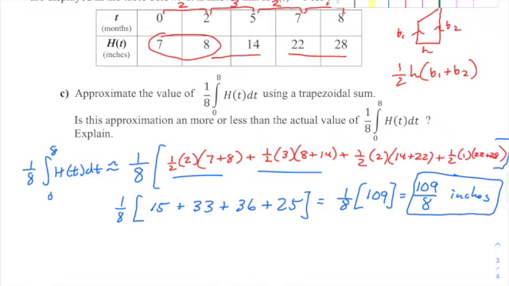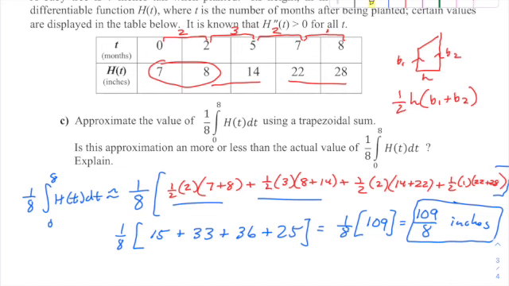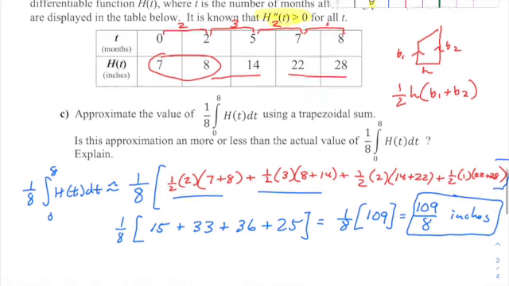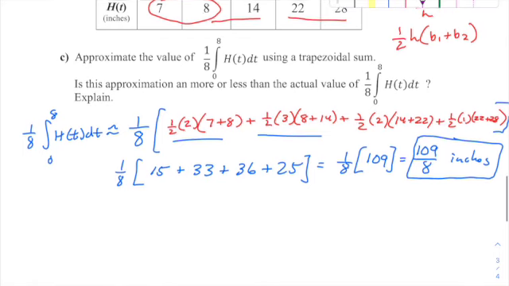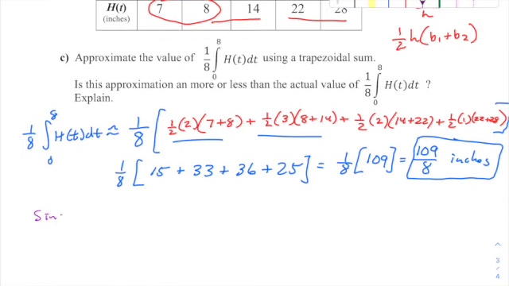And lastly, for this part C, is this very common question about your Riemann sum or your trapezoidal sum. Is this approximation more or less than the actual value of the integral? And this is going all the way back to that little piece they gave you in the beginning, that the second derivative there is positive. Okay, so if the second derivative is positive, that means h is concave up.